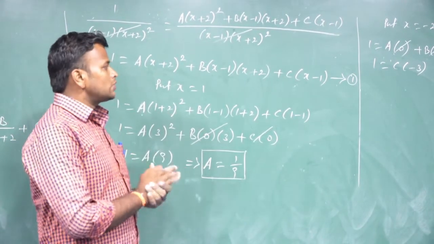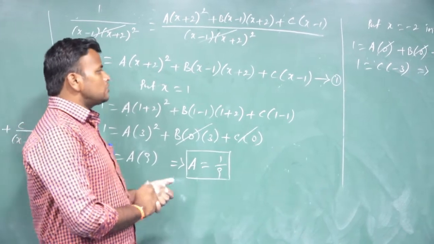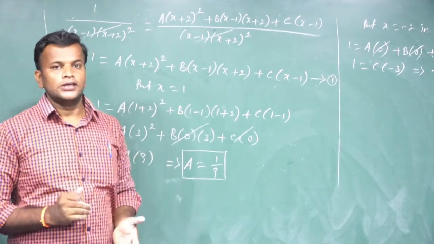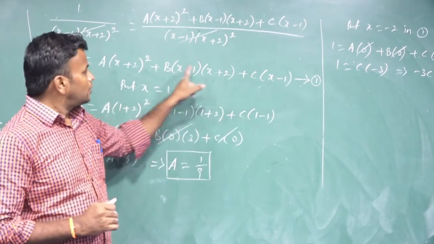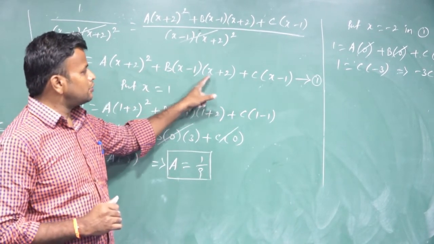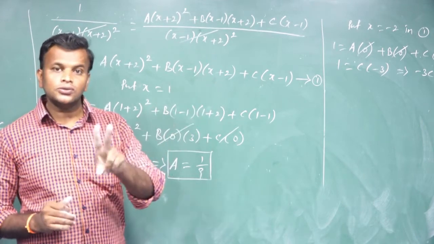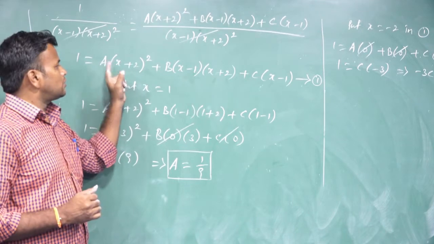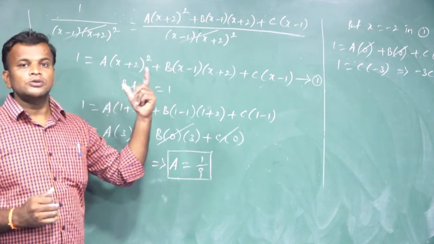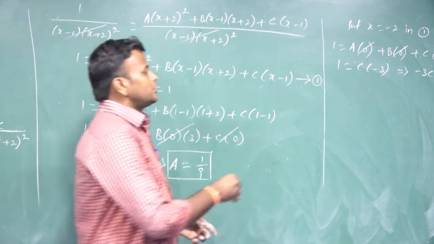But one easy way is that, suppose we equate the maximum power of x. What is the maximum power of x? We multiply, x and x is x square. We expand x plus 2 the whole square, first x square is there. So the maximum power is square. So it is an easy way.